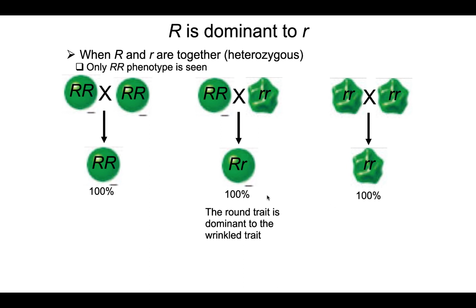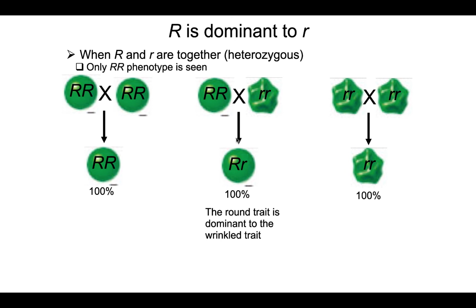So you take a pure breeding strain for one of the traits, you take a pure breeding strain for the other trait, and you cross the two together so that you know 100% of the offspring are going to be heterozygous. You look at the phenotype there: round.